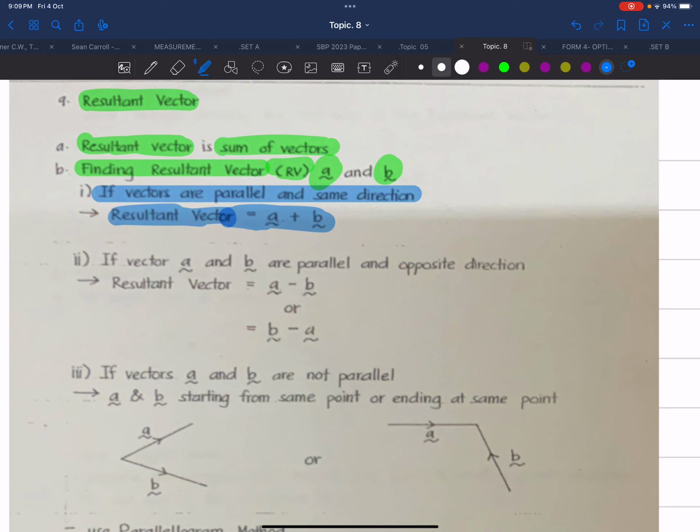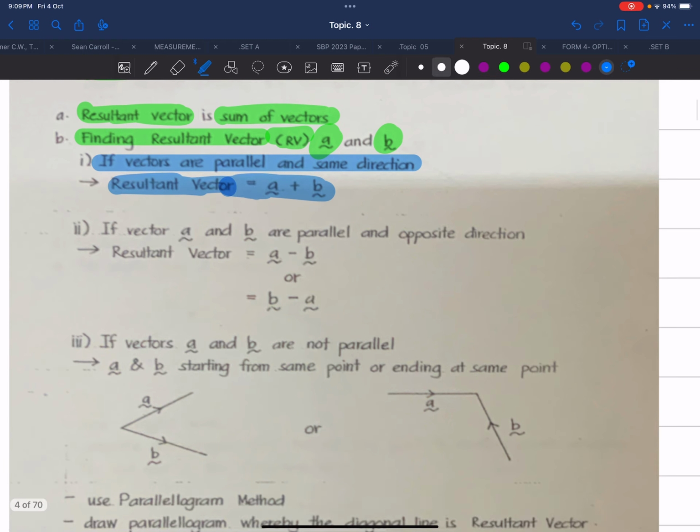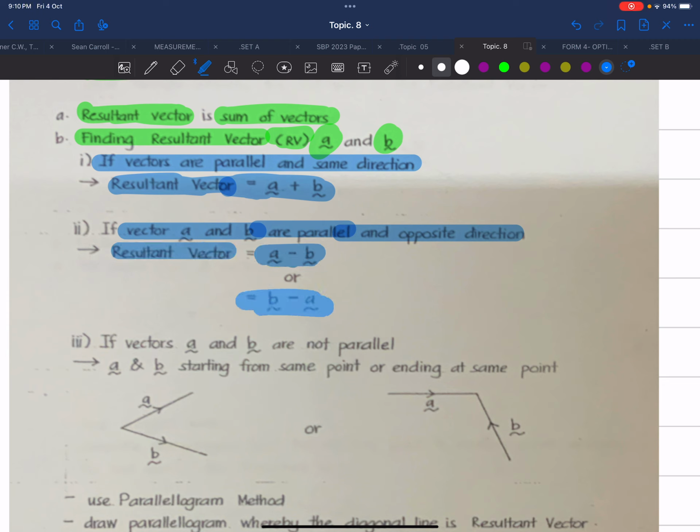Remember, it must be parallel and same direction. The resultant vector, just plus the two vectors. Next, if the vectors A and B are parallel but opposite direction, now the resultant vector, you minus, either A minus B or B minus A. Usually bigger minus smaller.